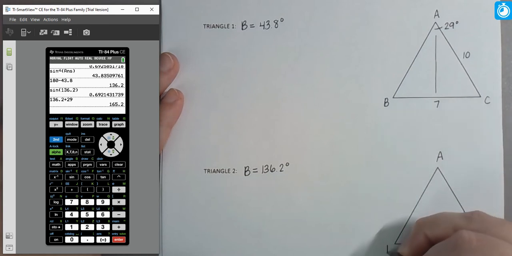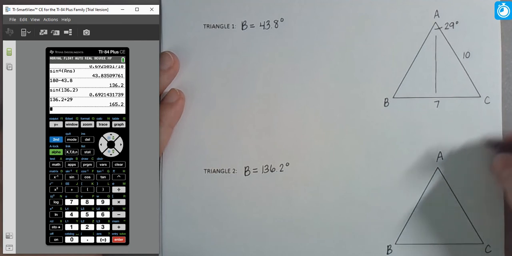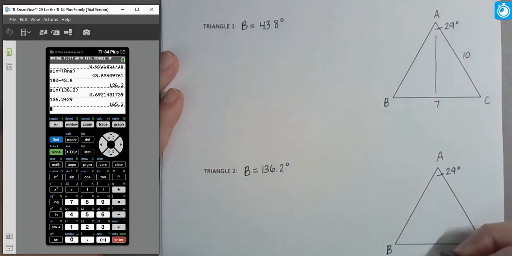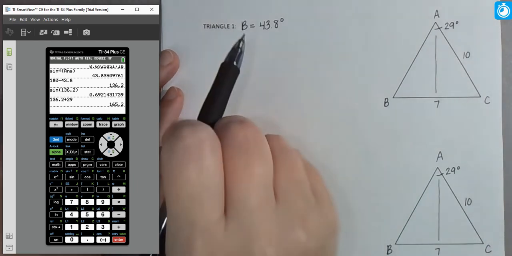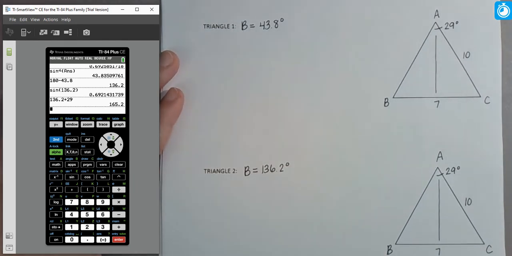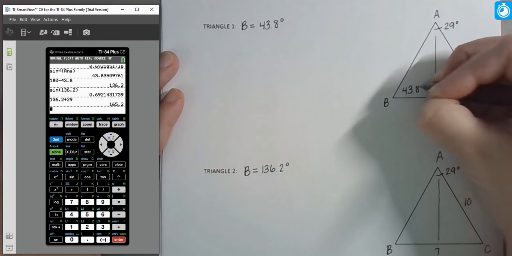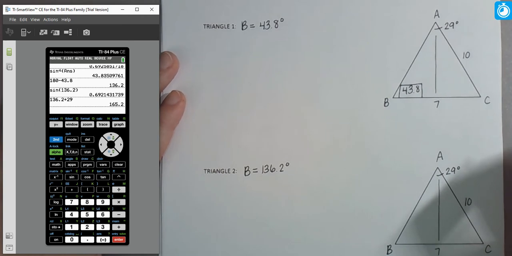So this is going to be A, this is B, this is C. Our given information is still the same: A is still 29 degrees, little a is still 7 units, and little b is still 10 units, and we still use the same pair. The only thing that changes is the value for B. For the first triangle, we use the value for B that resulted from our inverse sine function.